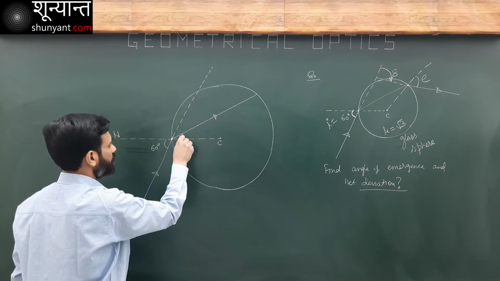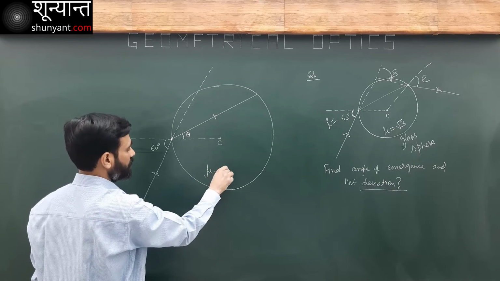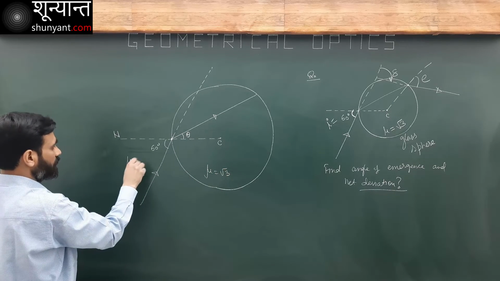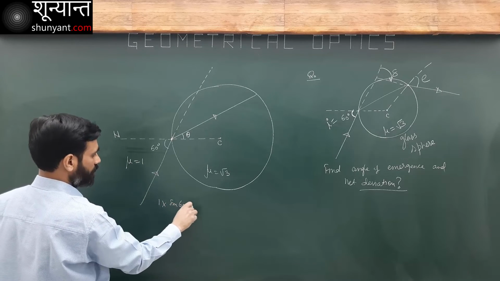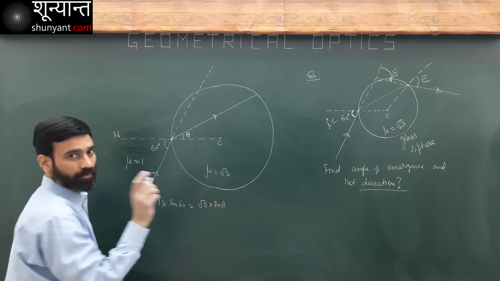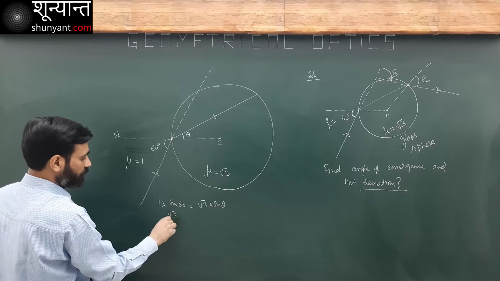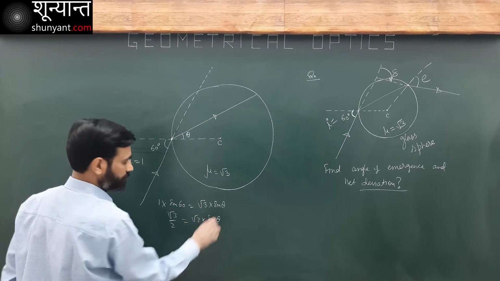Let's say that this angle is theta, angle from normal. This mu is √3, mu is 1 here. I will write 1 times sine 60 equals √3 times sine theta. Okay, this is √3/2 equals √3 times sine theta.